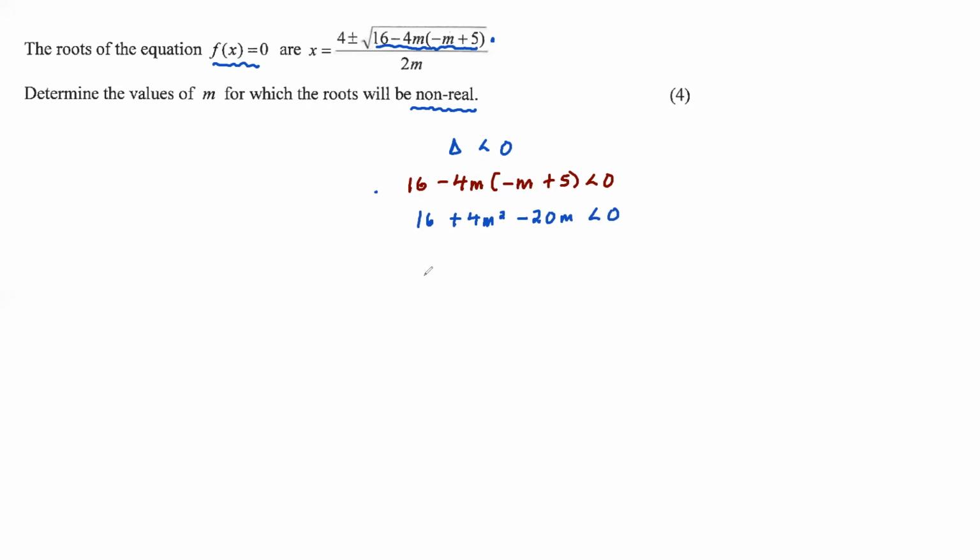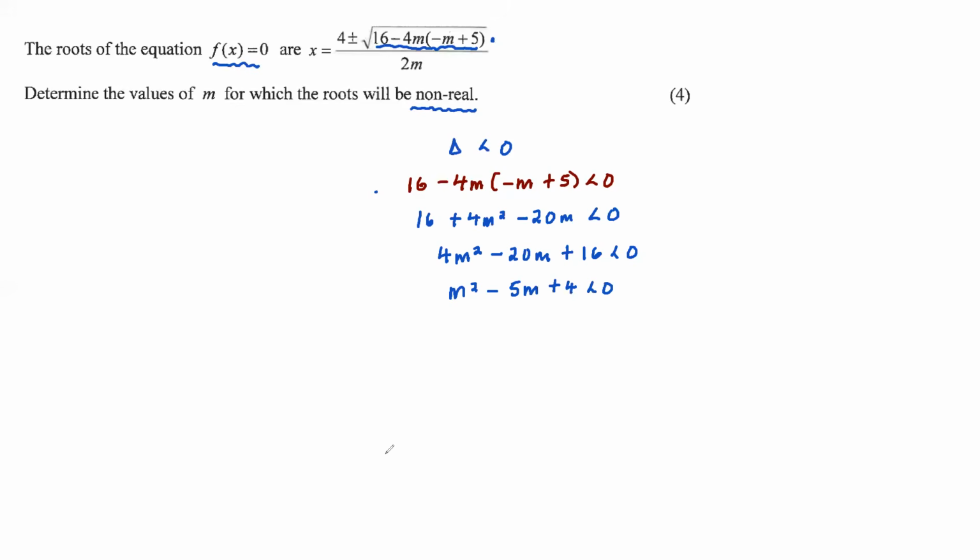Then we can now group them nicely and put it as we would put a quadratic equation, 4m squared minus 20m, and then I think this should be plus 16. All this is less than 0. Then we can divide everything by 4 if you'd like to. That becomes m squared minus 5m, okay, and then plus 4 right there, less than 0.